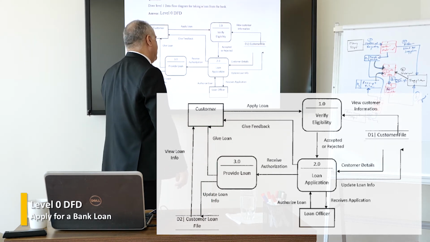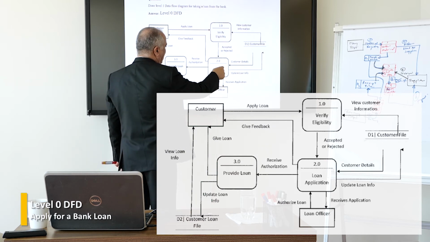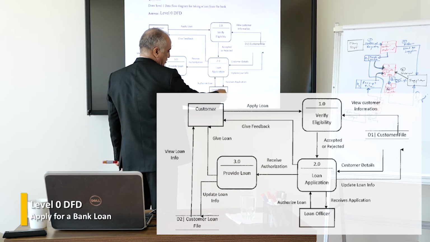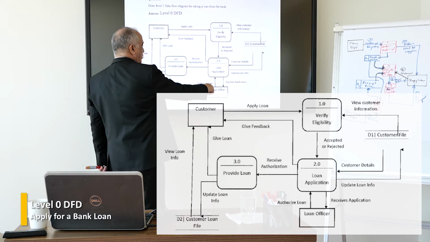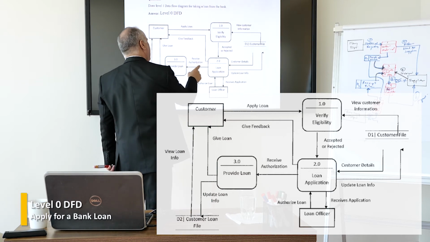So that's the loan process. The third process is initiated. The loan needs to be received, so the officer will review it, and then the officer will accept or reject, authorizing the loan approval. So the loan gets approved, meaning authorized. Here is the authorization.